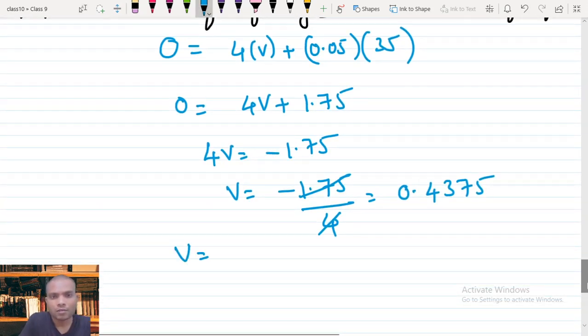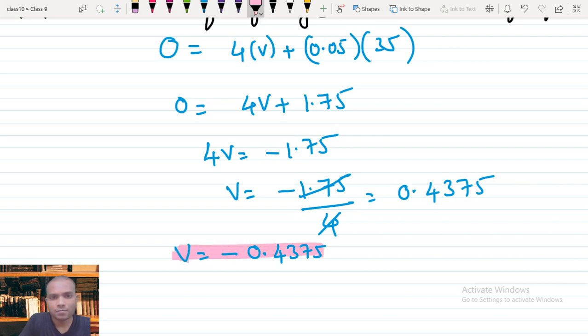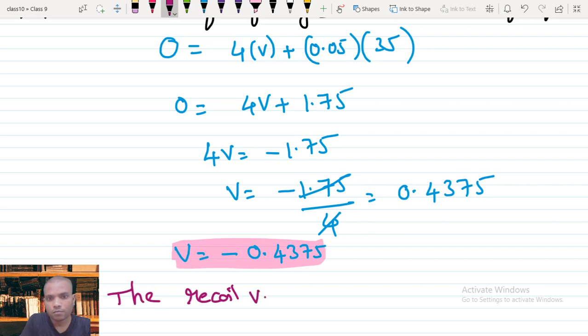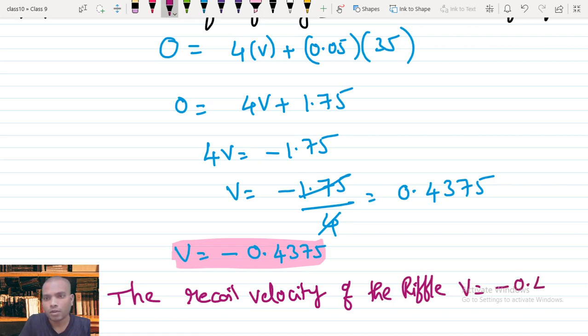Therefore v equals minus 0.4375. So here v is nothing but the recoil velocity of the gun. The recoil velocity of the rifle, v equals minus 0.4375. So here the minus sign tells us the rifle is moving in the backward direction.